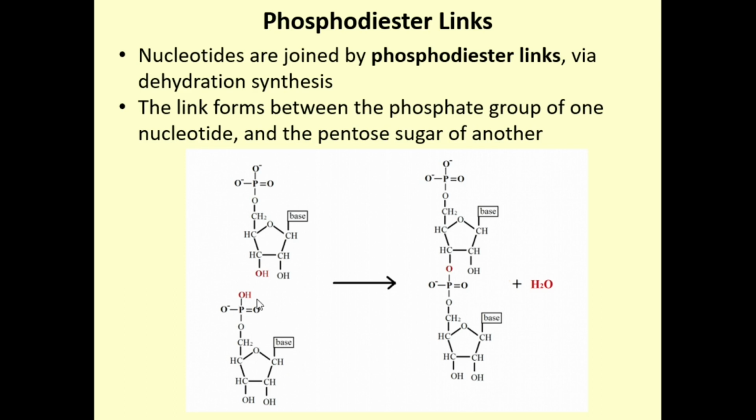If we look at the top of this phosphate group, there's an oxygen up here, and that can be attached to another hydrogen. And then if we look at the pentose sugar of this one, we can see a hydroxyl group here, so an oxygen covalently bonded to a hydrogen.